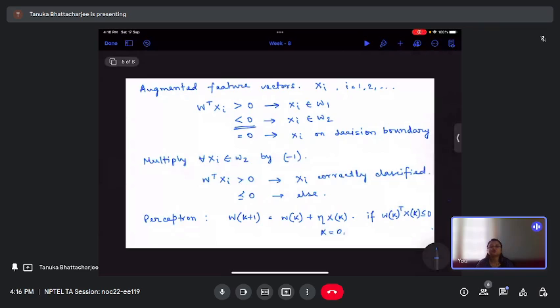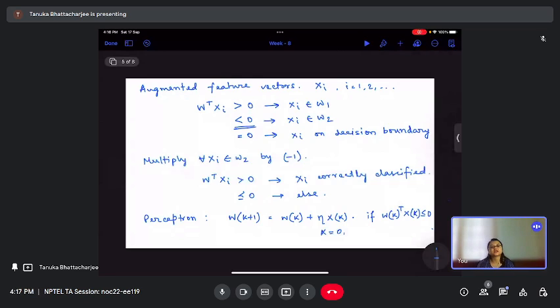Now we have to show the convergence, that it surely converges when you have linearly separable classes. So when does this algorithm converge? When it is correctly classifying all the training samples, when it has found the separating hyperplane, then it stops.